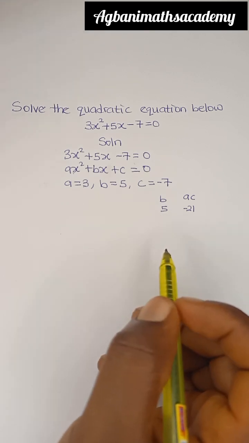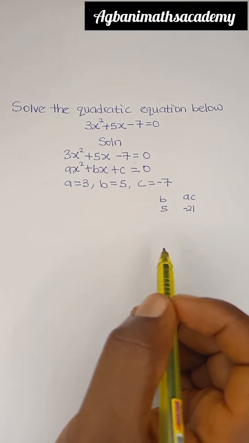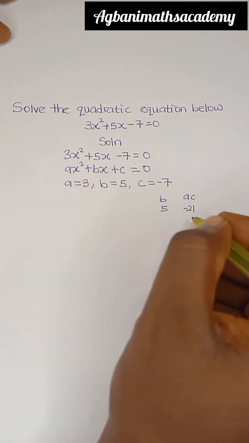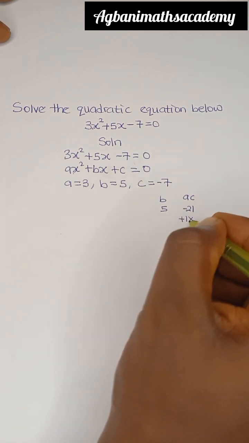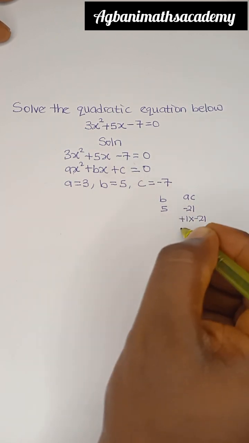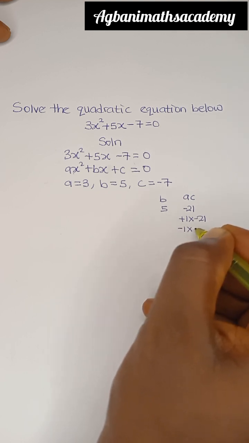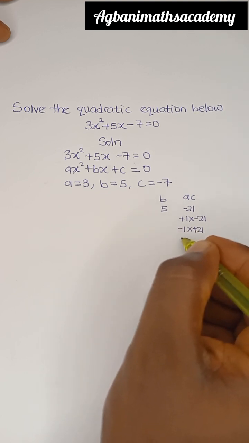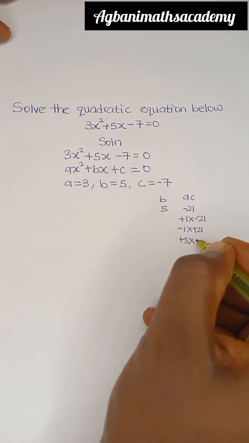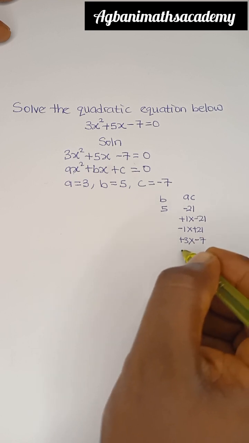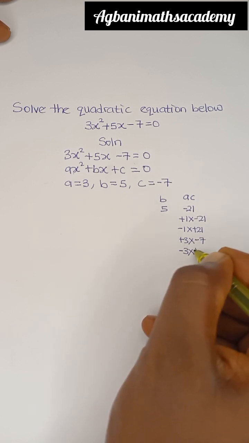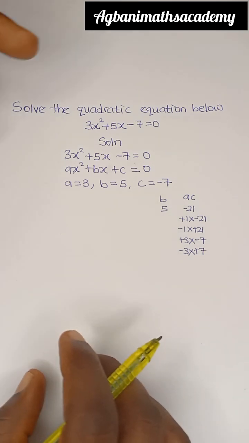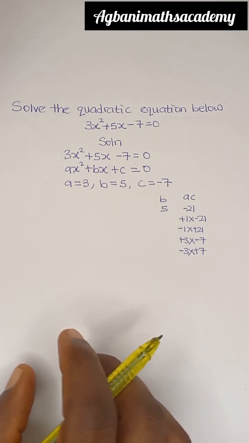So let's write the different sets of two numbers that will multiply themselves to give us minus 21. The first one is plus 1 multiplied by minus 21. We have minus 1 multiplied by plus 21. We also have plus 3 multiplied by minus 7 and minus 3 multiplied by plus 7. So these four sets of numbers can multiply themselves to give us minus 21.